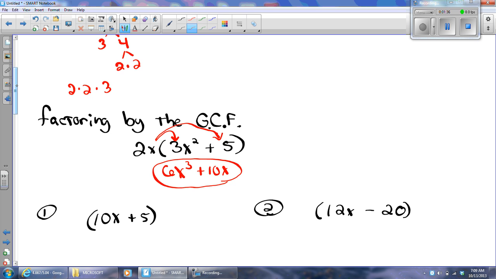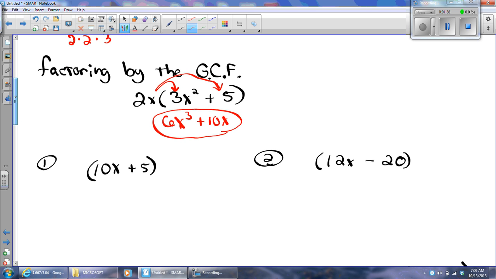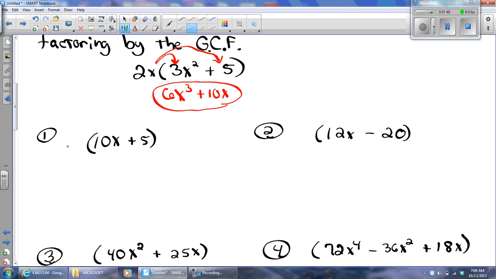All right. So what we're going to do is work problem number 1, and determine the GCF of 10x and 5. What is the greatest common factor? Well, right now I can think of 10x as 5 times 2 times x, and I can think of 5 as, well, 5.